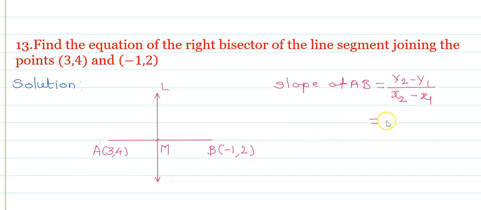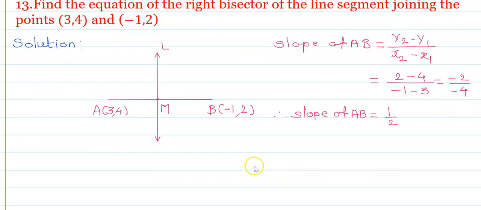What is y2? y2 is 2 minus 4 upon minus 1 minus 3, and that is minus 2 upon minus 4. Therefore, slope of AB is equal to 2 by 4, which means 1 upon 2.